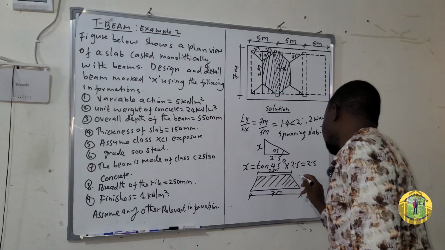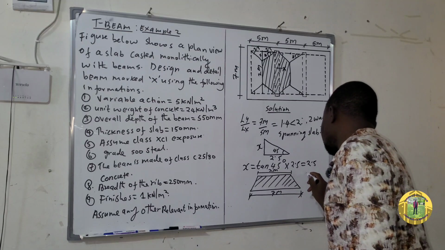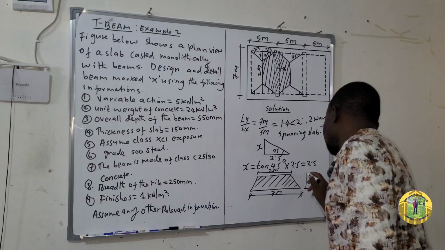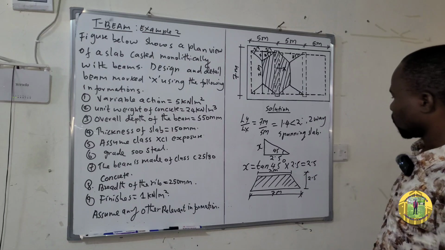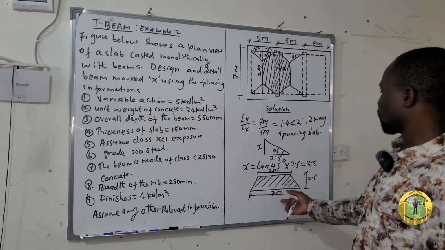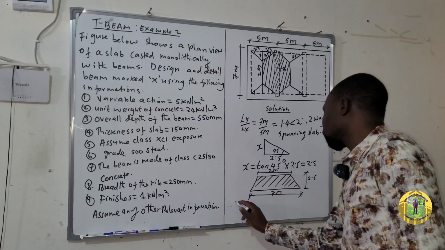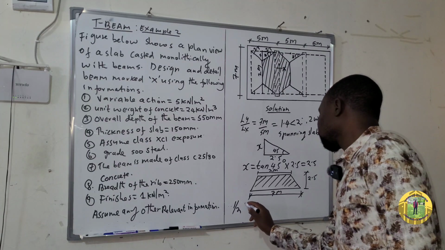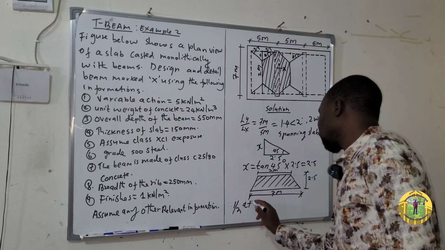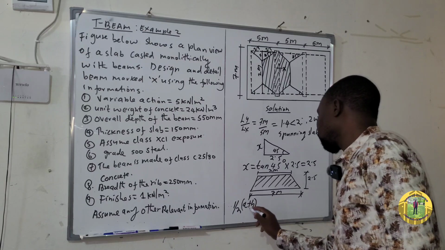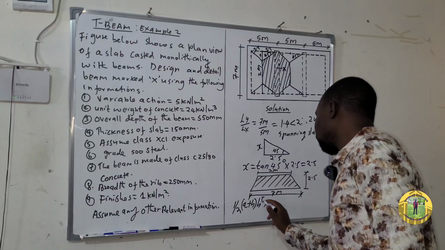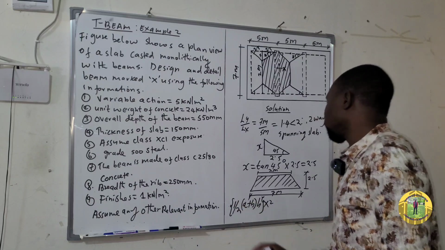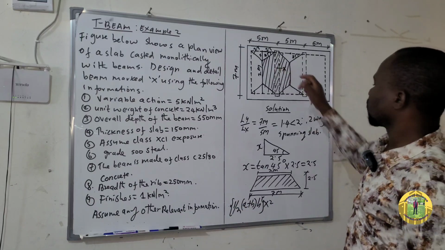And then this height is 2.5. You can calculate the area of this shape, which is a half (a plus b) h, then times 2, because they are 2 in number, this one and this one.